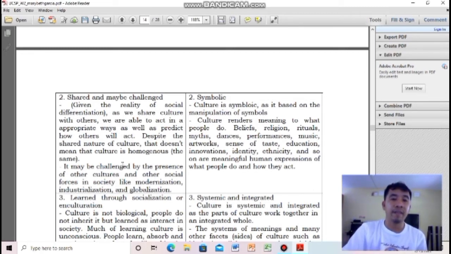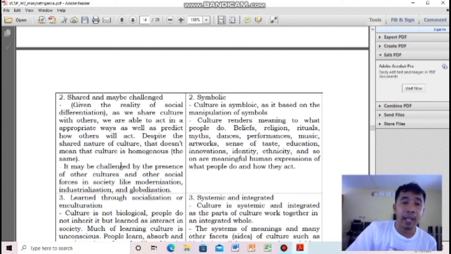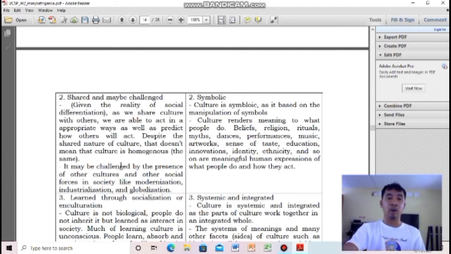But even though it is shared by people with the same aspirations, it does not mean that it is homogeneous. Even though the people who practice it are the same, it does not mean that it is homogeneous. It is shared, but it is dynamic. It's diverse.